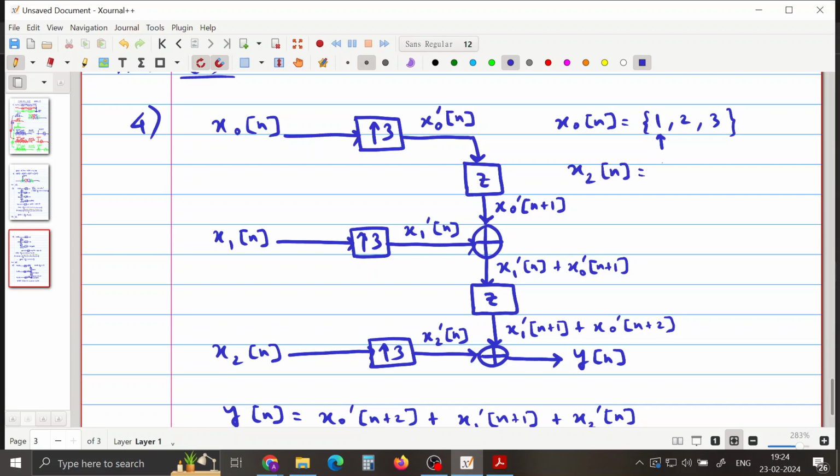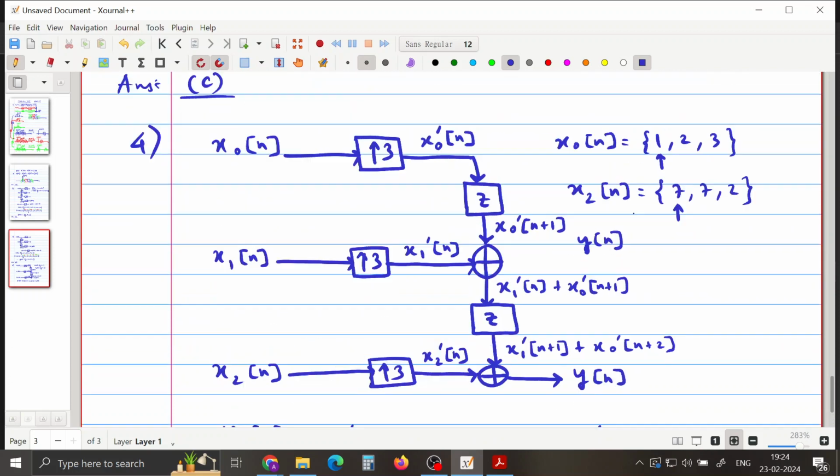X2 of n is 7, 7, 2, and y of n is also given as 1 5 7 2 8 7 3 4 2.